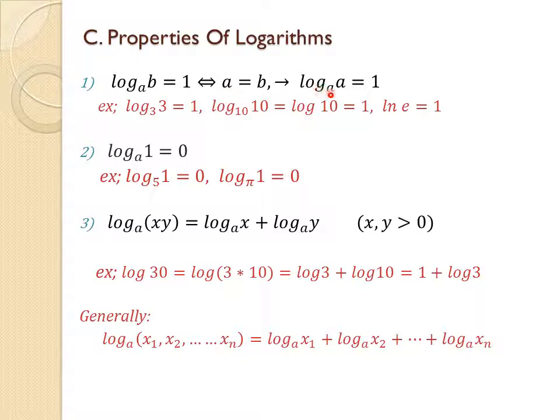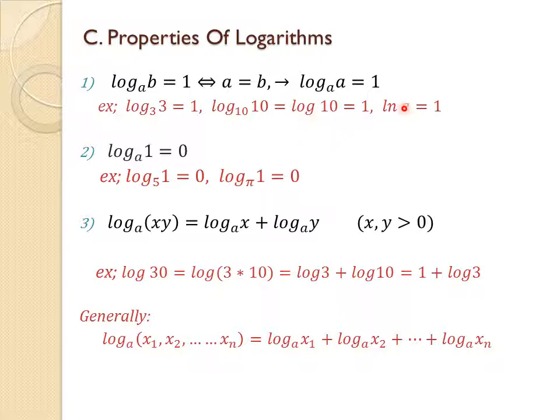In this case, we write it as logarithm a to the base a equals 1. For example, logarithm 3 to the base 3 equals 1. And if we have logarithm 10 to base 10, which is not written, so if I see just logarithm 10, I know that my base is 10 and the value is 1.